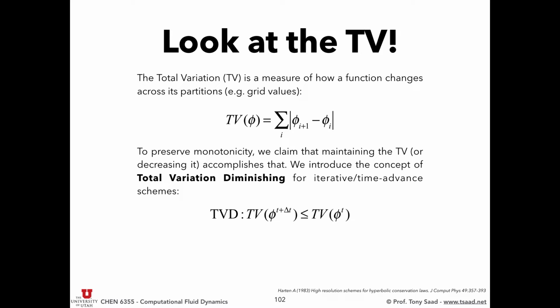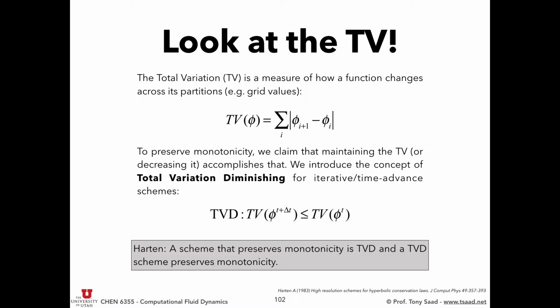So we claim that if a scheme diminishes the total variation, so the total variation of phi at n plus 1 is less than or equal to the total variation of phi at n, and that's actually been proven, then when we satisfy this property, we actually preserve monotonicity. Okay? So that's all you have to worry about. In other words, in a paper by Harten in 1983, he proved this.